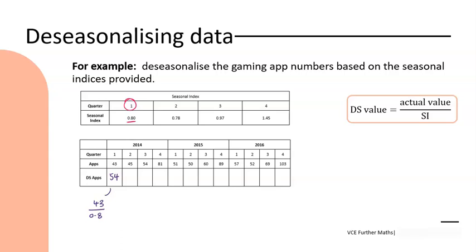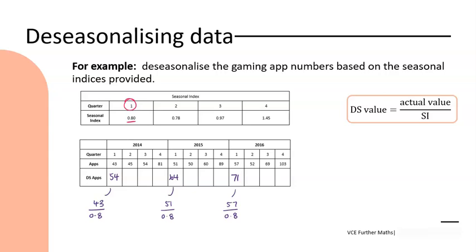In quarter 1 of 2015, the same process, 51 divided by that same index, 0.8, will bring us up to 64. And quarter 1 in 2016, the original of 57 divided by 0.8 would bring us up to 71 as a deseasonalized value.